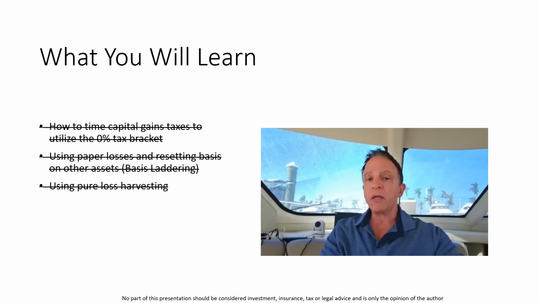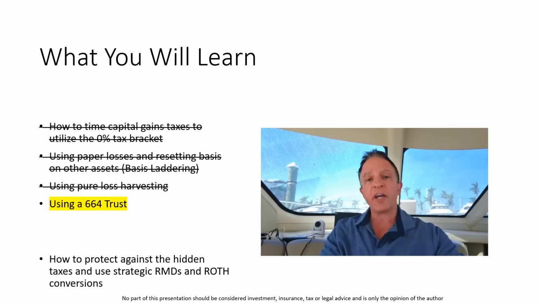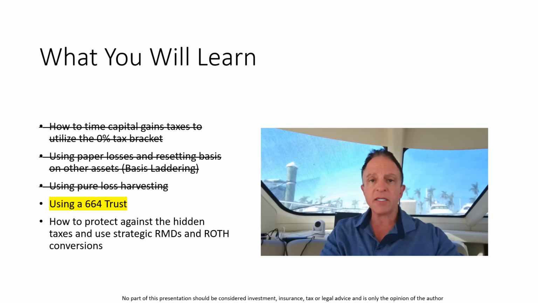In part three, I talked about pure tax loss harvesting. All these videos are available on the channel. And today we're going to talk about 664 trusts. In the final part five, we're going to talk about all the hidden taxes and how to use strategies to reduce or eliminate RMD taxes, in addition to loss swapping. But today we're just going to focus on 664s.